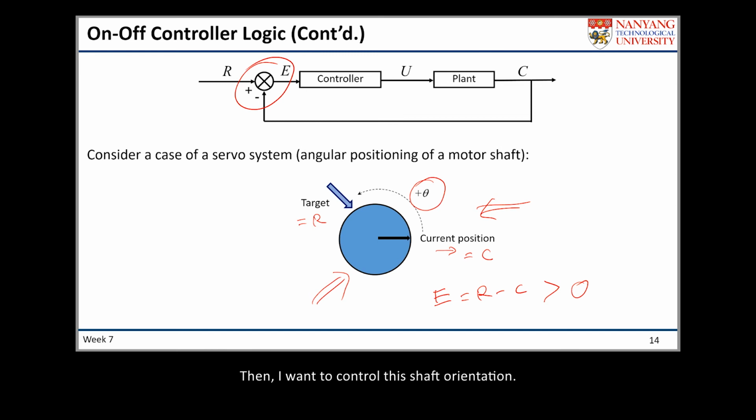And then I want to control this shaft orientation. My first attempt, I will use an on-off controller. I use similar logic to the air conditioning system, but I change it slightly. This is the logic that I will use to control this motor.